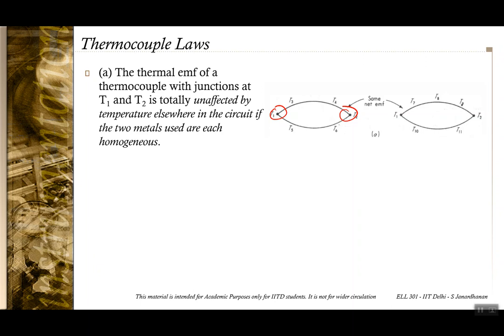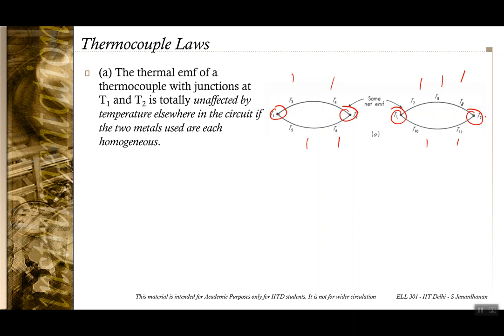So if you have T1 and T2 at these two junctions, it doesn't matter whether the temperature increases or decreases along the length.